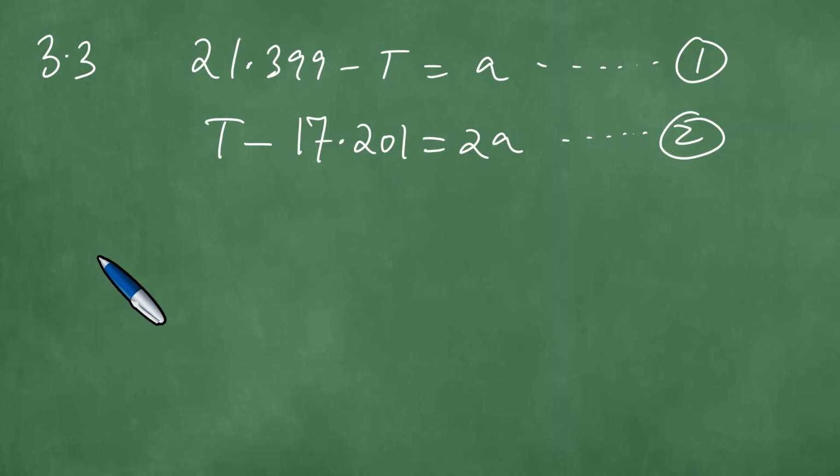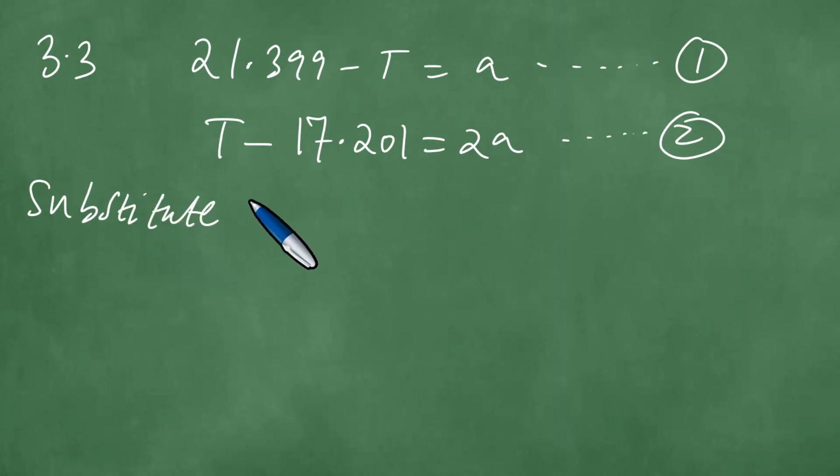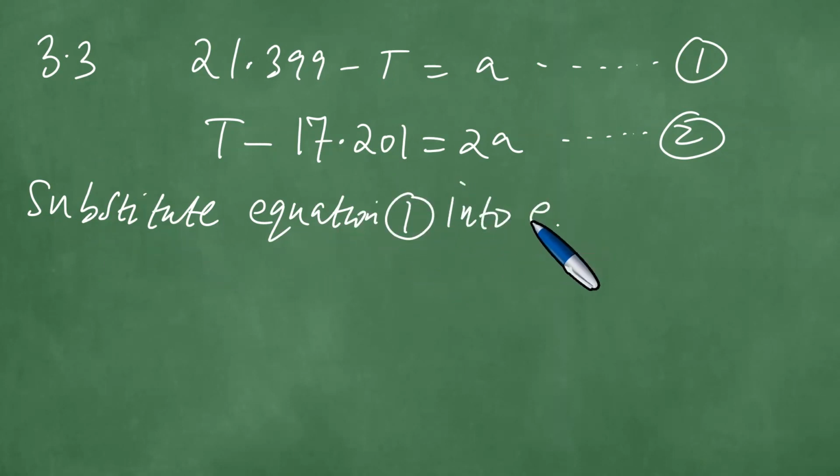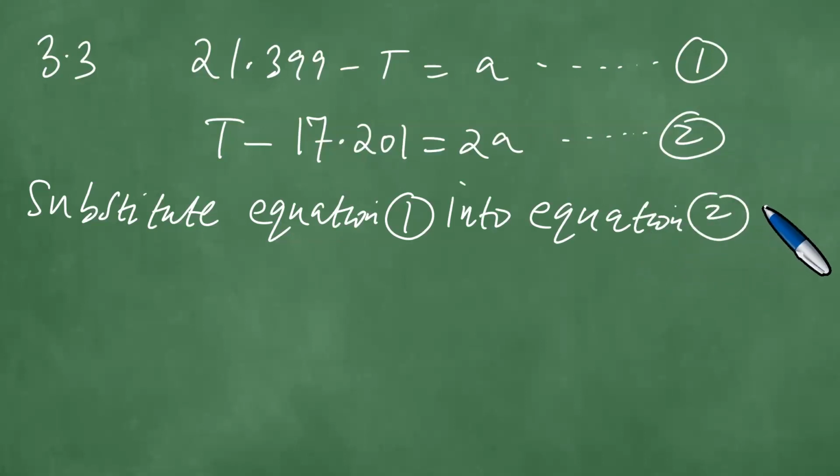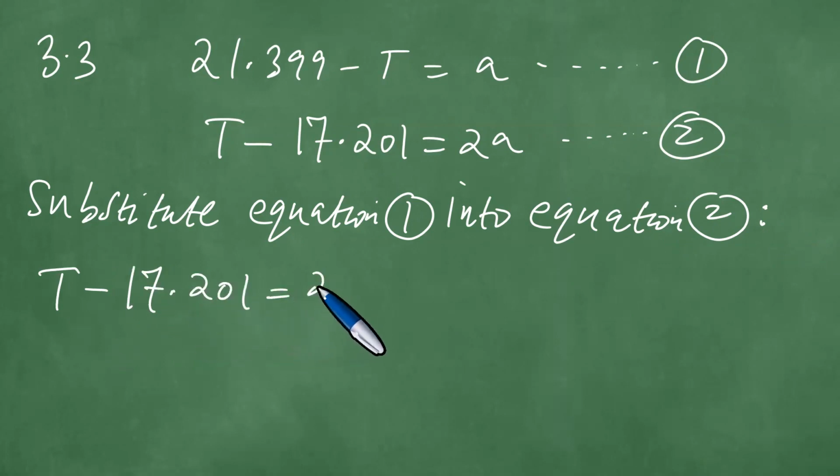To find the tension, substitute equation 1 into equation 2. So tension minus 17.201 equals 2 times the acceleration, which is 21.399 minus the tension.